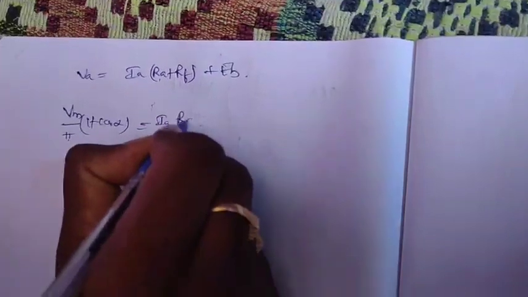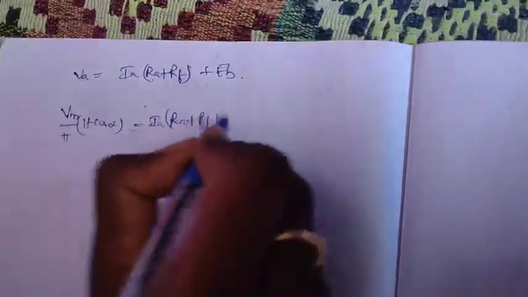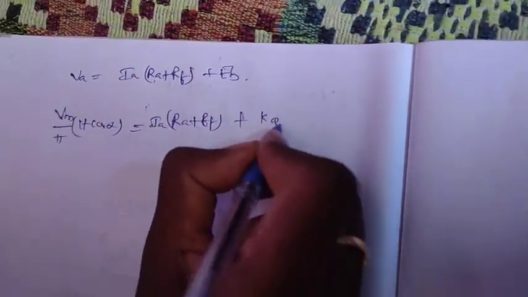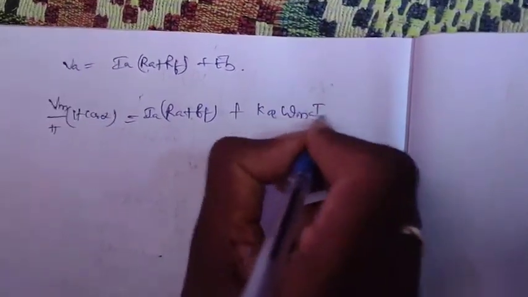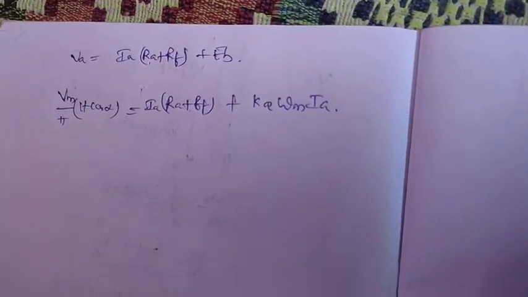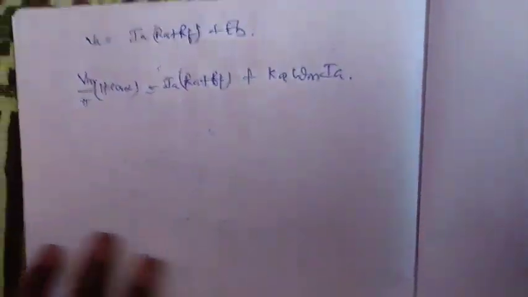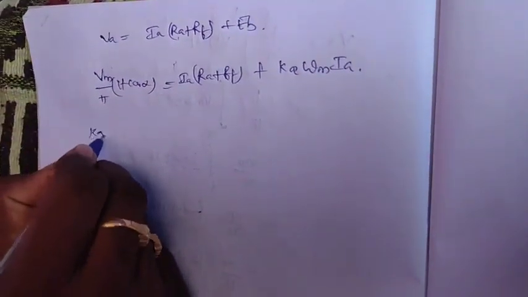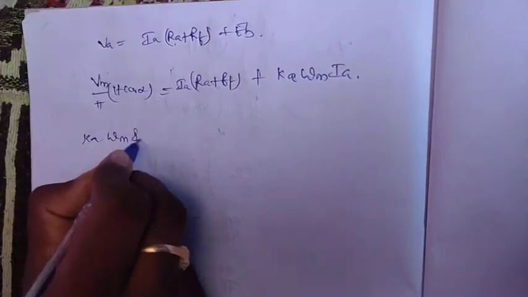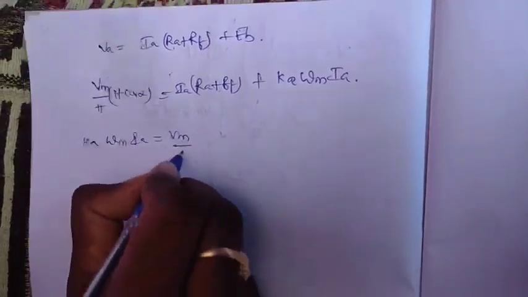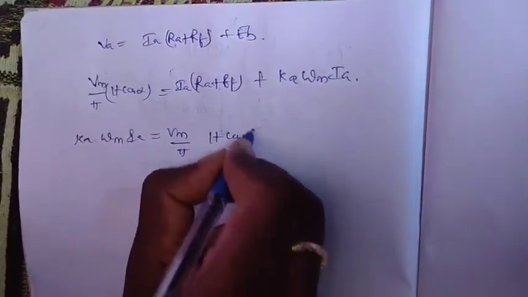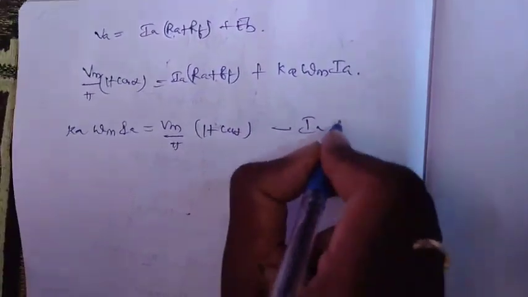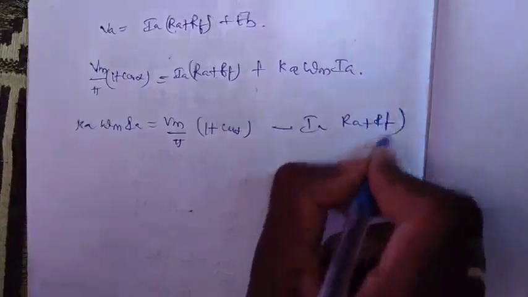IA (RA plus RF) plus EB, where EB equal to constant into speed into phi, and phi is directly proportional to IA. So Ka into omega m into IA equal to Vm by pi (1 plus cos alpha) minus IA (RA plus RF).